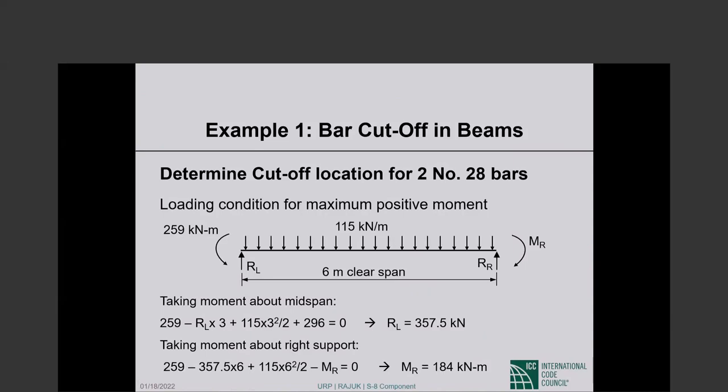So the beam with the load on it, 259, etc., taking moment about midspan. There is a moment of 259 counterclockwise. Midspan would be 3 meters from the left. This reaction will cause a moment R sub L times 3, which is clockwise, so this is negative.